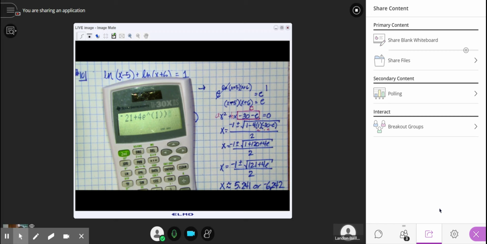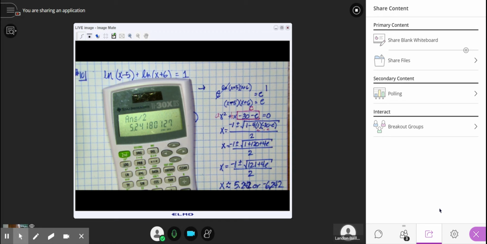Close those parentheses, because that's my entire numerator. And then I have to divide that by 2. And then I did a -1 minus square root 121 plus 4 e to the first. And again, I still need to divide it by 2. So a -6.242.